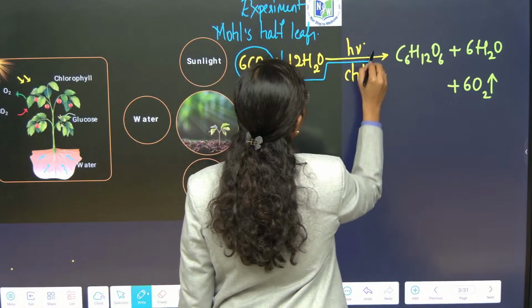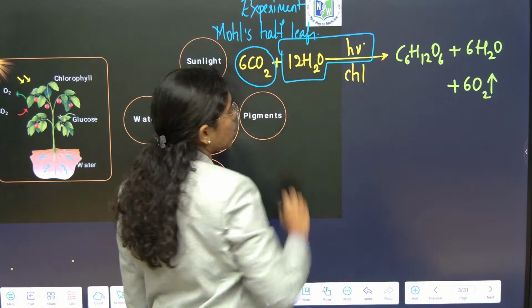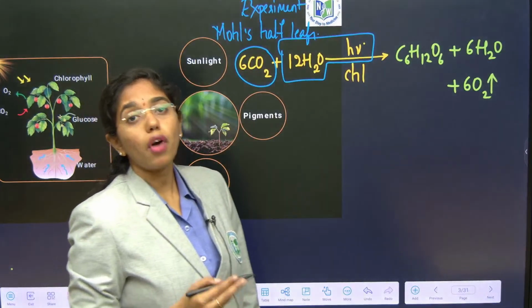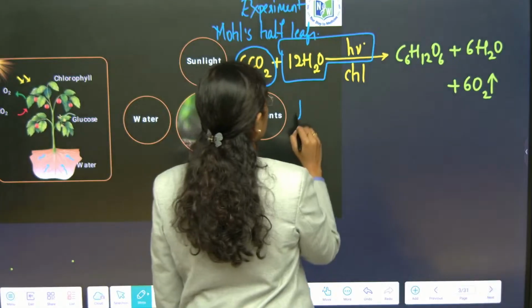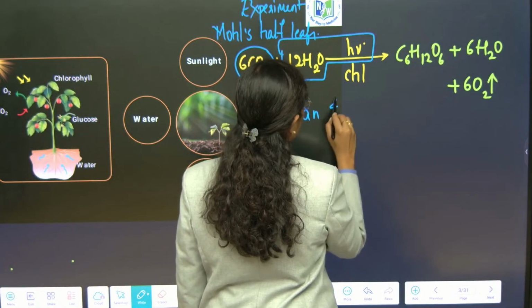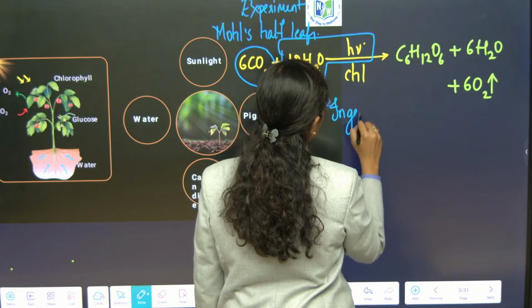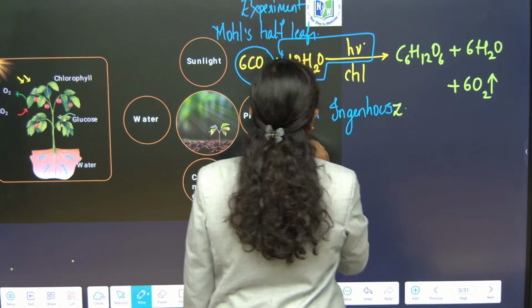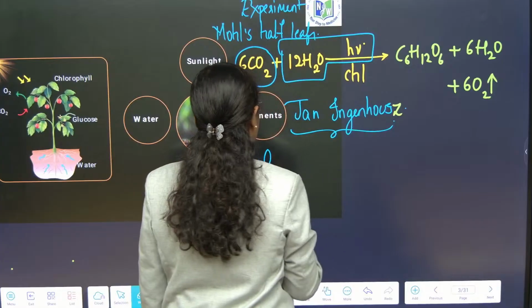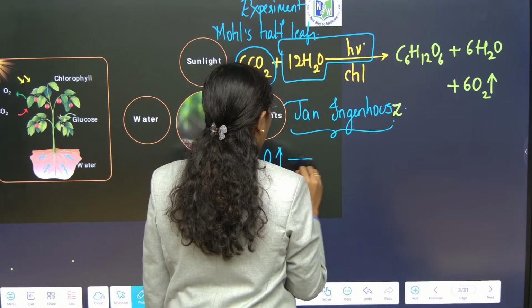Water and sunlight are essential for photosynthesis and oxygen is formed at the end of photosynthesis is said by Jan Ingenhousz.